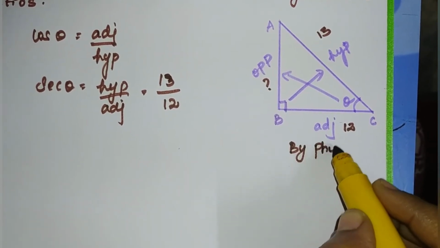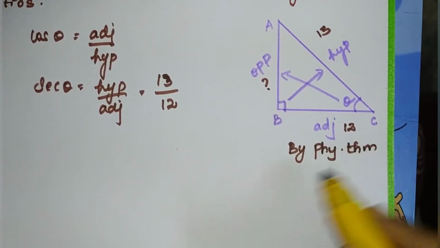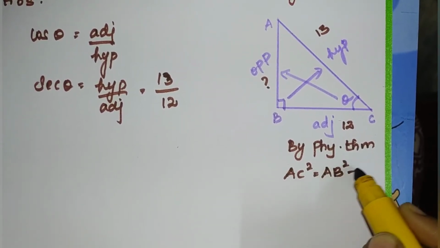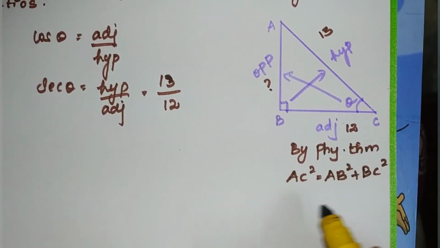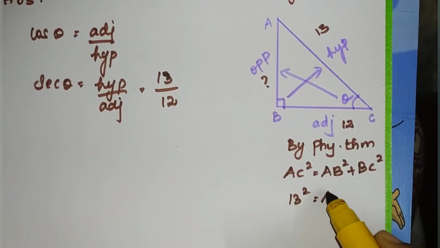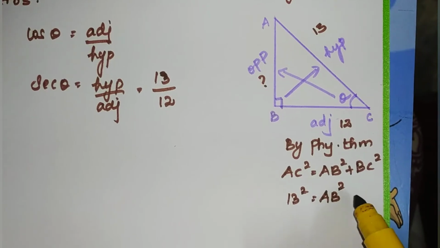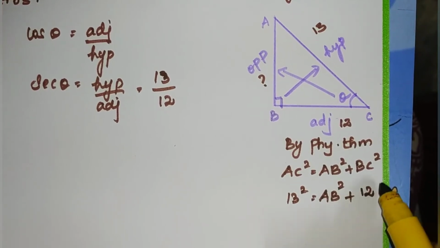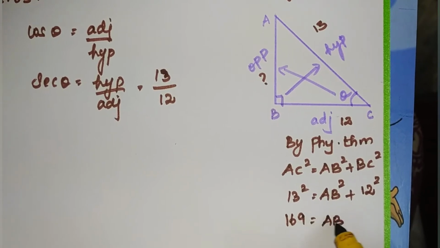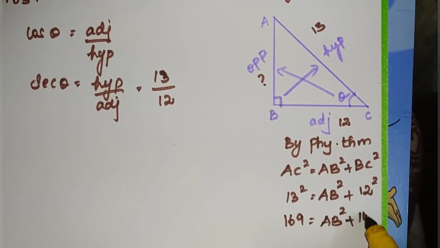By Pythagoras theorem. AC square is equal to AB square plus BC square. AC square is 13 square, and AB, that only we have to find, and BC is 12 square. 13 square is 169. AB square plus 12 square, which is 144.